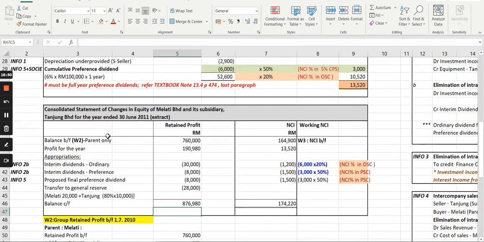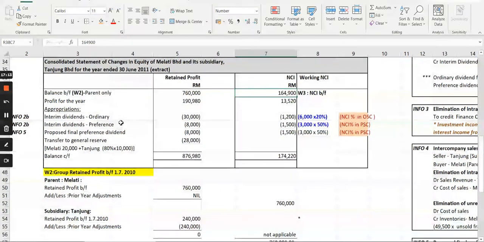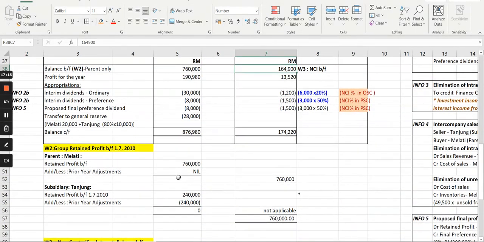So for the retained profit column, you need to work out how much is the profit of the group, which is the total from parent and subsidiary at the beginning of the year, which is 1st of July 2010. Same goes here. What is the non-controlling interest brought forward as at 1st of July 2010, since the year end is 30th of June. So that workings I've already put here.